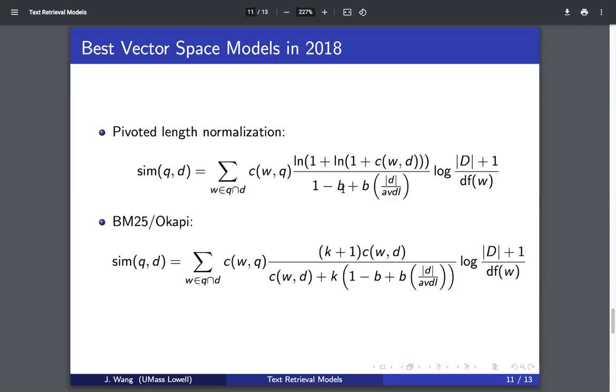So for this, of course, you need to choose B, and for this you need to choose B and K. Your textbook gives a value. Let me see whether I can find it. What B and K values are the best?